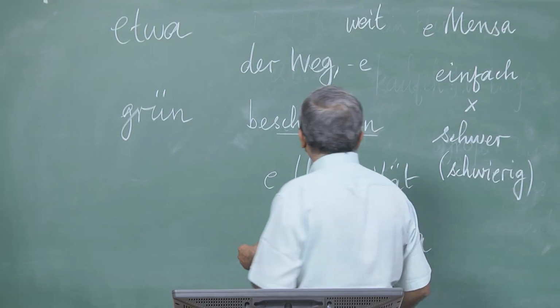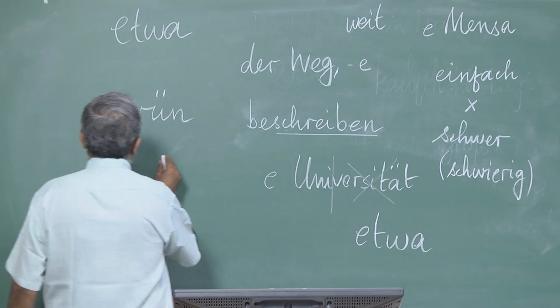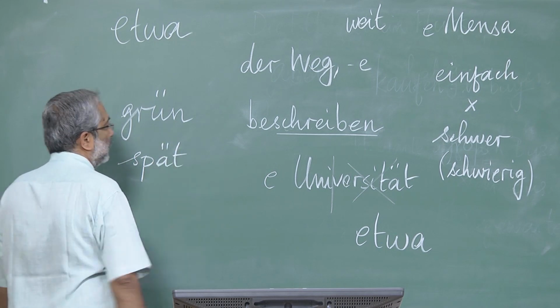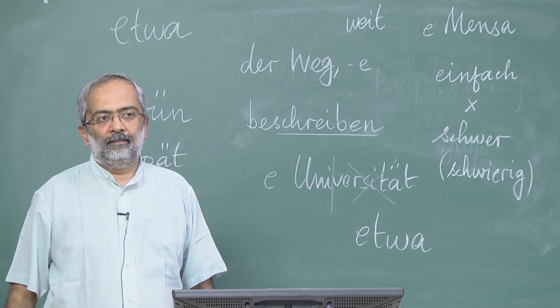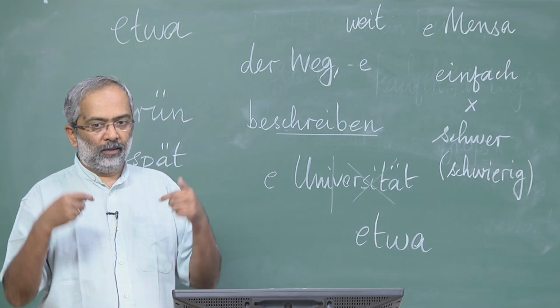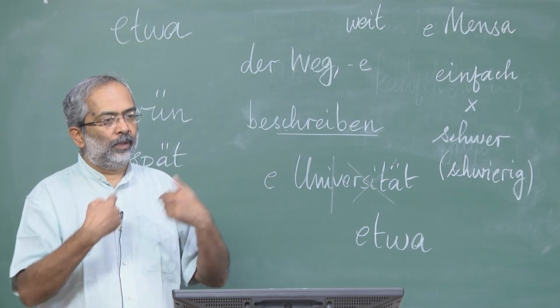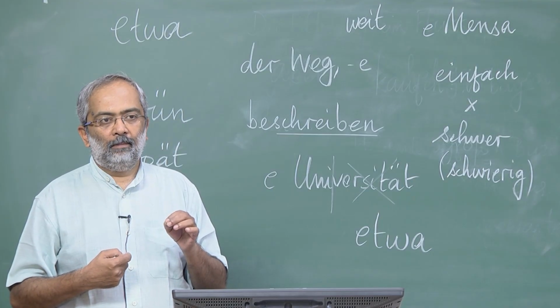I'll give you one more pair of words, which is also very important in the context of coming to class. Spät. Bitte kommen Sie zum Unterricht. Unterricht is a class. Pünktlich.